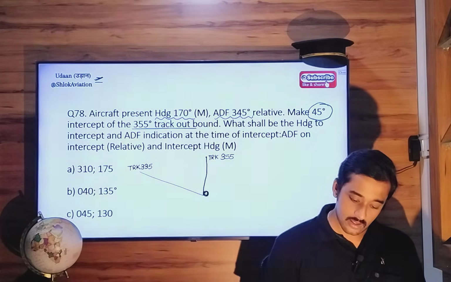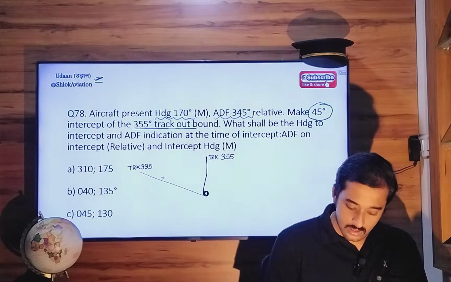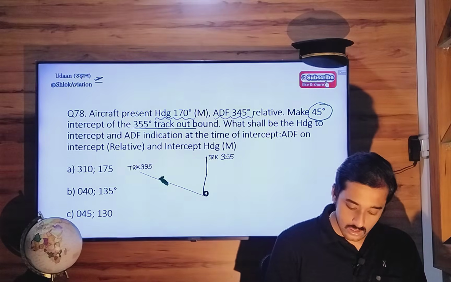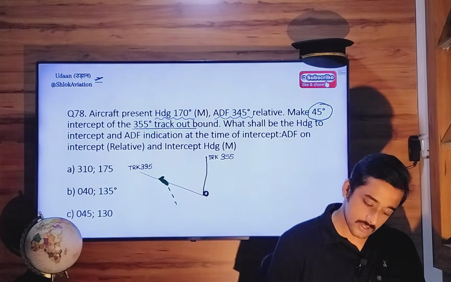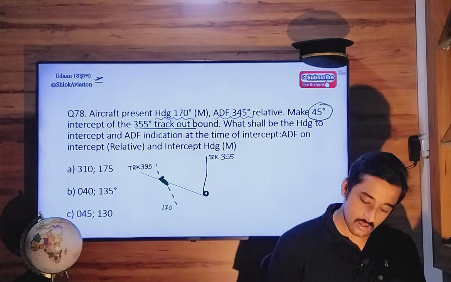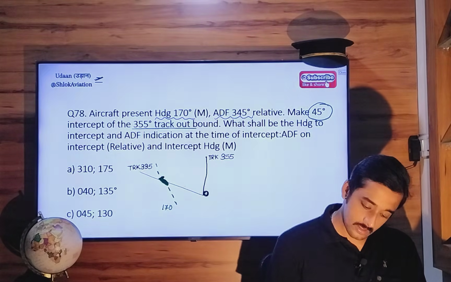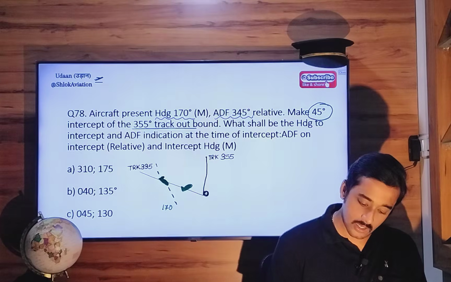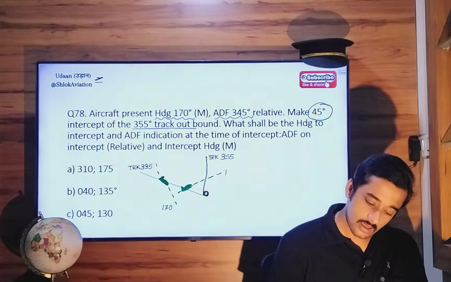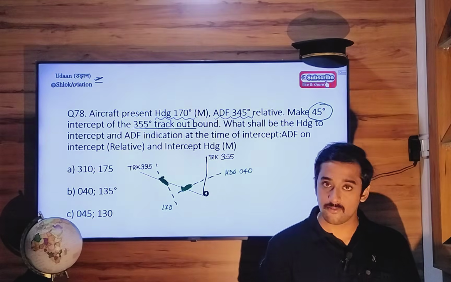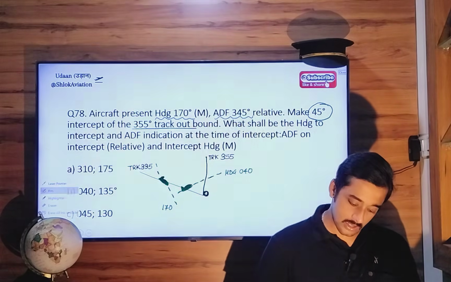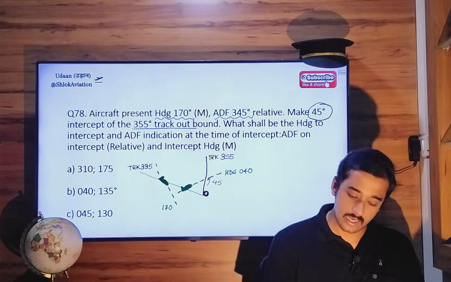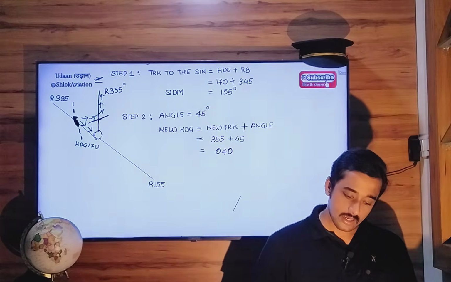So your aircraft will have to change its current heading 170, like this, to a new heading of 040 like this, in order to intercept track 355 at an interception angle of 45 degrees. Okay, so new heading will be 040.